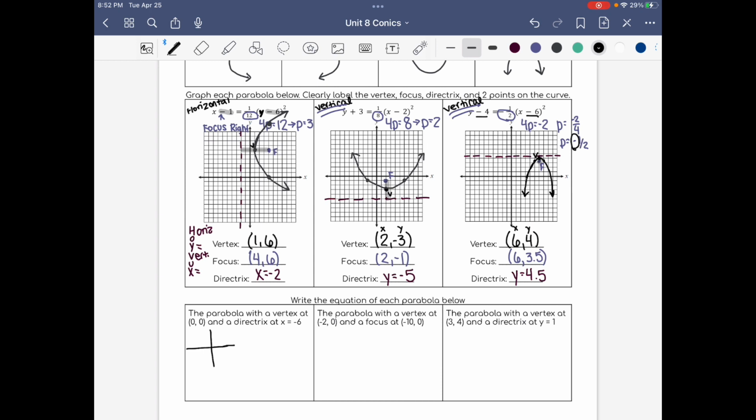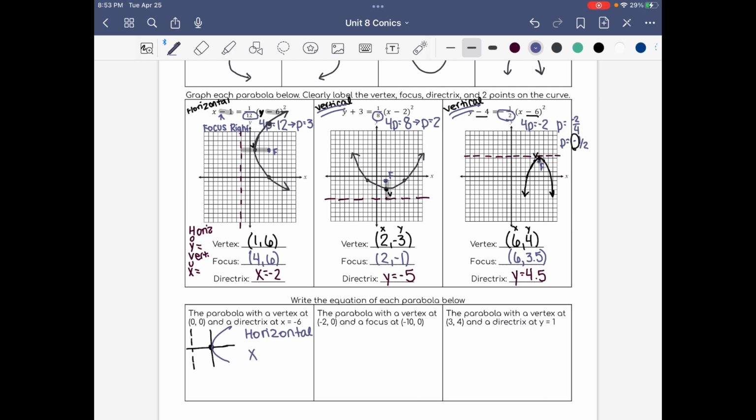If the vertex is at 0, 0 and the directrix is at x equals -6, that's going to be over here on the left somewhere. So the parabola is going to have to go this way, away from the directrix. So it's a horizontal one where P is going to be positive because it's facing towards the right.